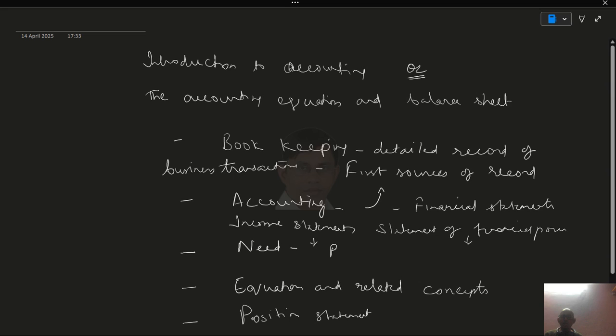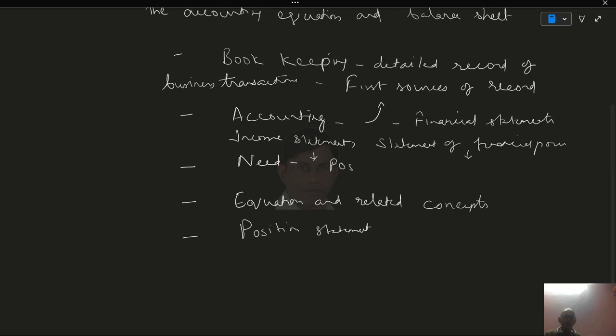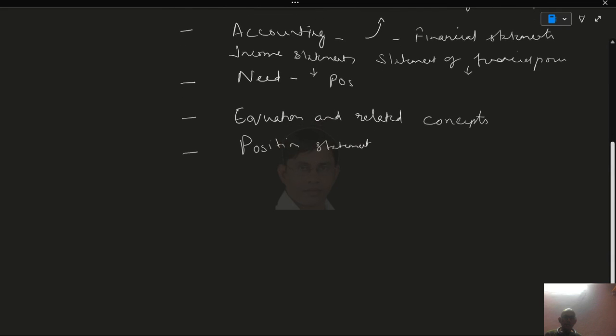Then we will proceed to the main concept, the main theme of this lesson, which is the accounting equation and related concepts and position statement. You have to remember 5 components.